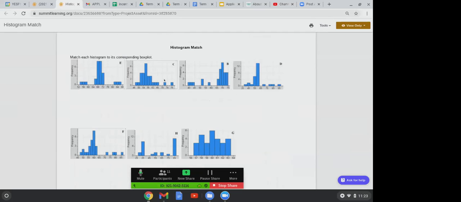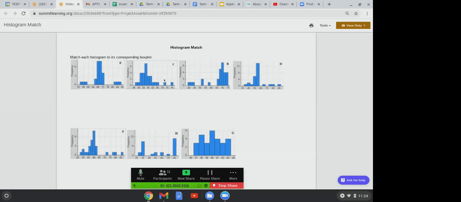Let's talk about what I see next, B as in boy. Again, looking at the graph, let's look at that bottom axis, that grid across the bottom. You see it goes from like 40 to about 75. Then again, let's talk about what we see.